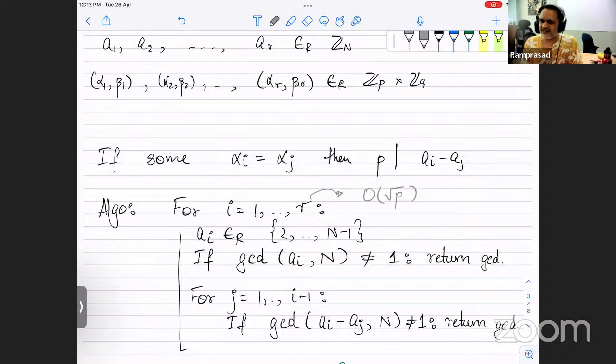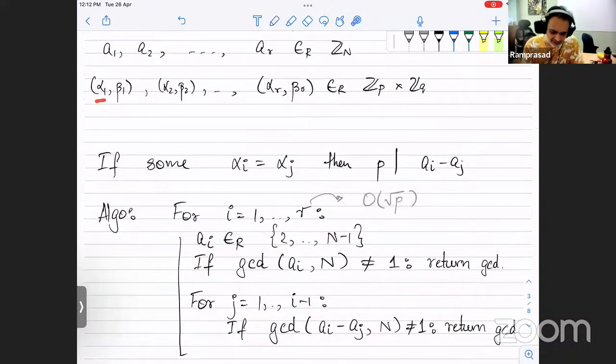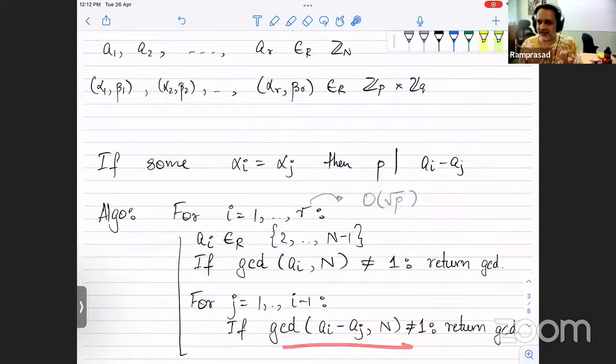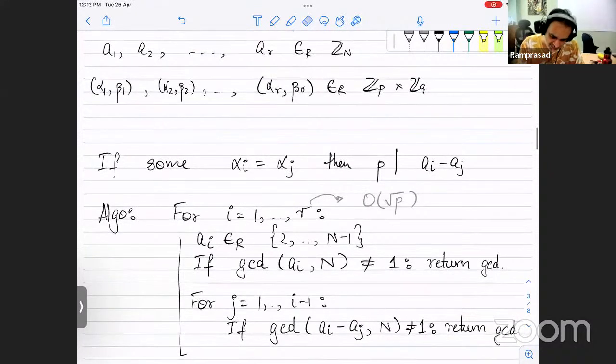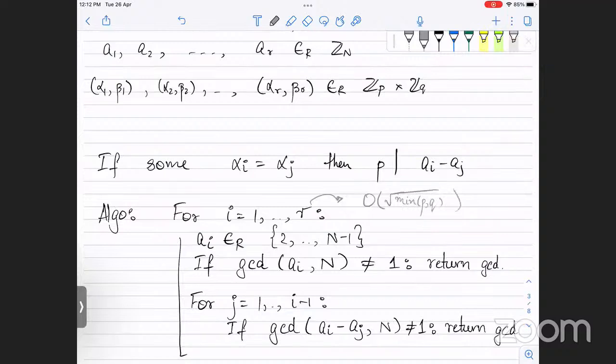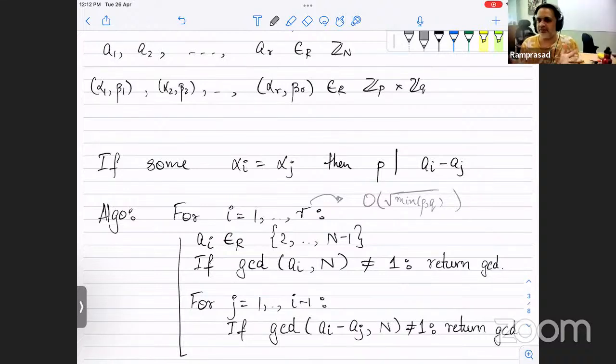Okay, and I just said it with respect to the first coordinate. Had there been a collision in the second coordinate also, this would have been fine. So let's be a bit more precise and choose r to be the square root of the smaller of the prime factors that n has.